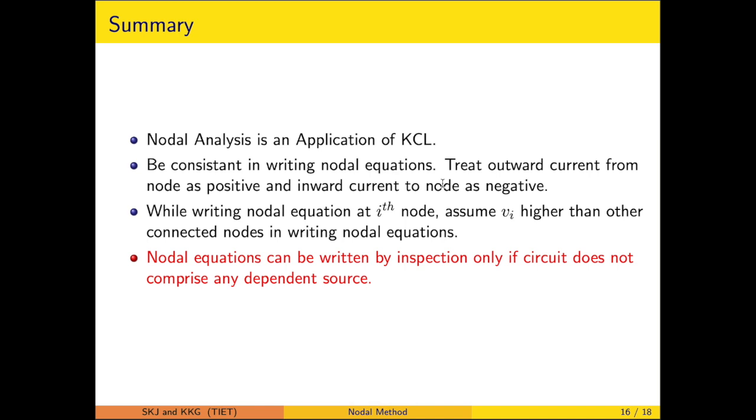Nodal equations can be written by inspection only if the circuit does not contain any dependent source. That is important. If a dependent source is there, then we have to write the equations one by one and then do the manipulation.